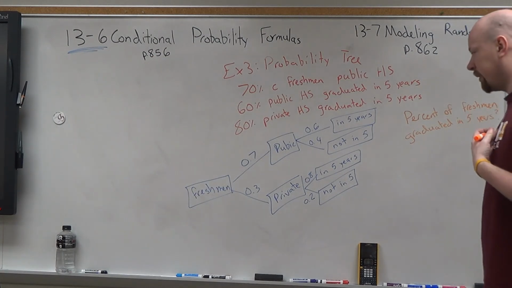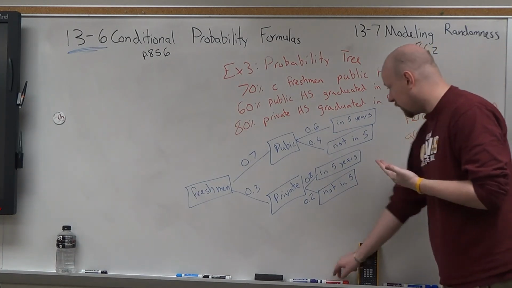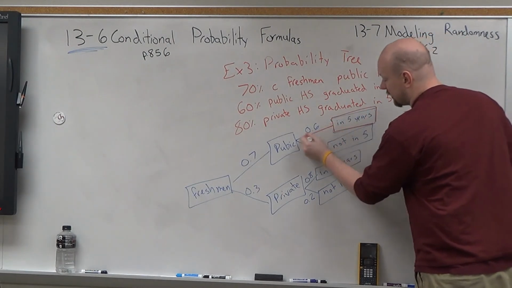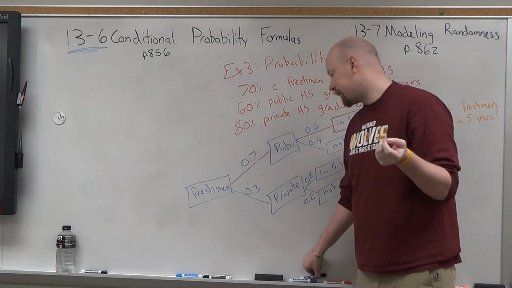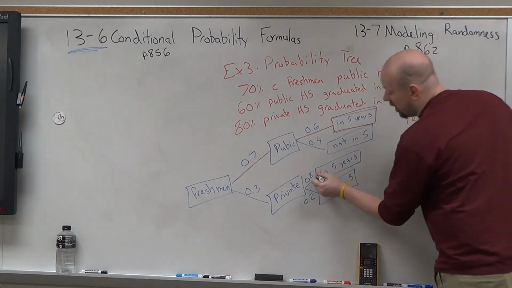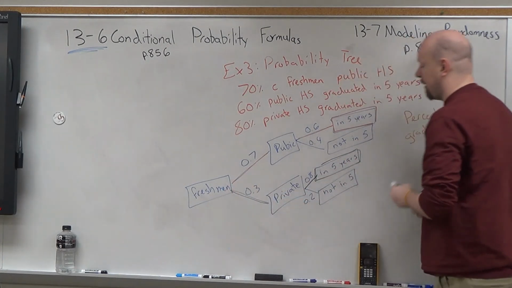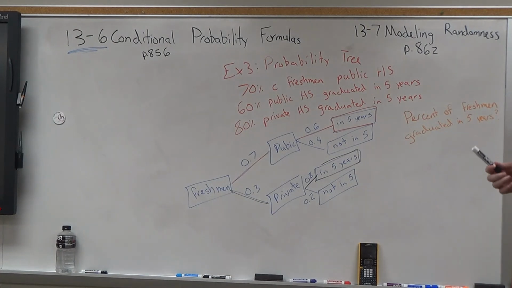But do I have a branch of total freshmen who graduated in 5 years? Technically I don't, because this group graduated in 5 years, which would be this branch. But are they the only group that graduated within 5 years? Which again is no, because this group did right here, which would be this path. So we need to figure out a way to figure out the total number of freshmen in general.